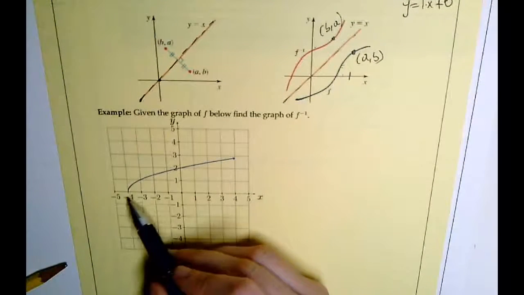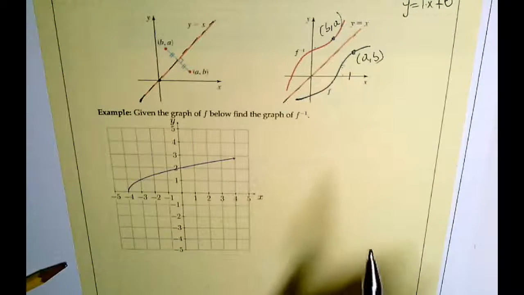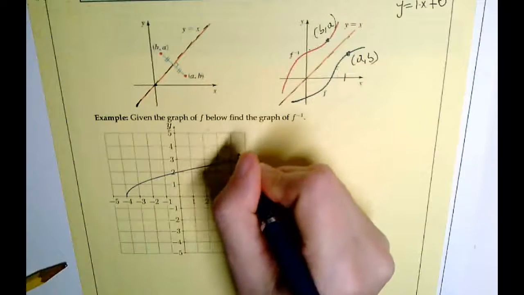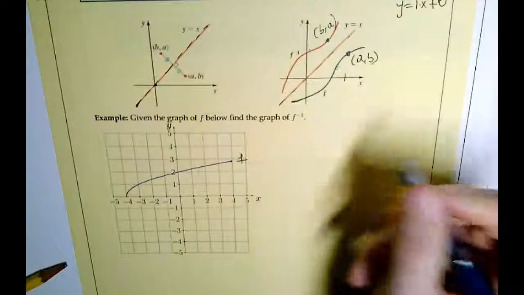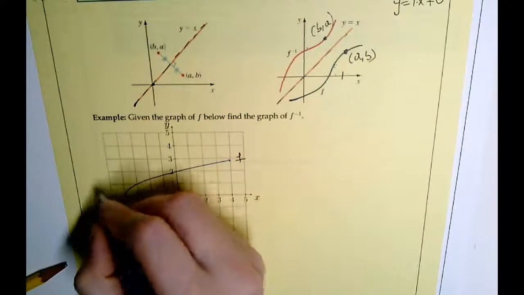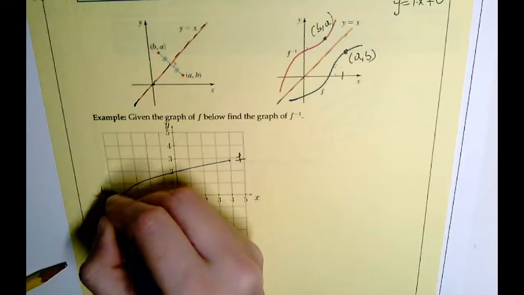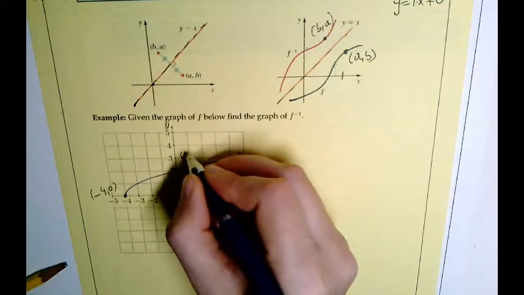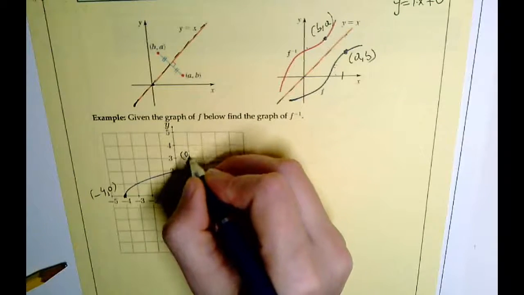So I'm given the graph of this, and I know it's a one-to-one function, so it has an inverse. So this is f, and I want to get the graph of f inverse. So let's see, I have this point right here. This point right here is negative 4 for x and 0 for y. And then I have a point right here, 0 for x and 2 for y.